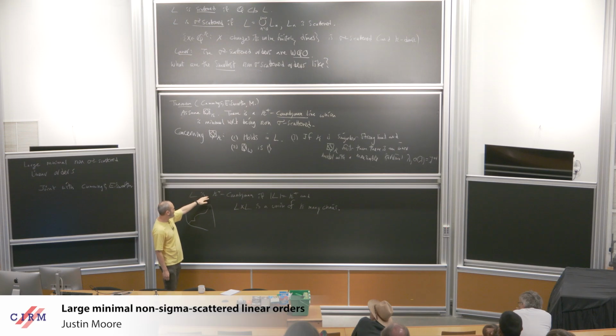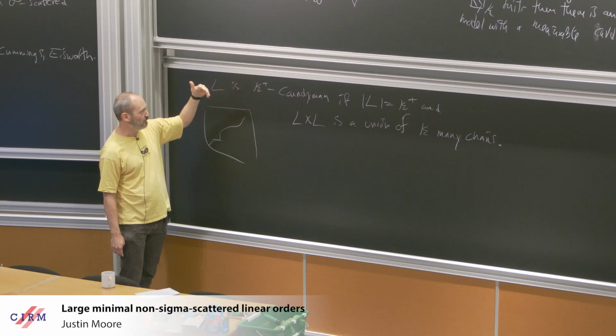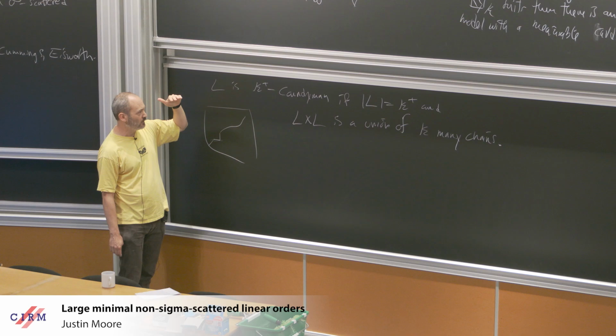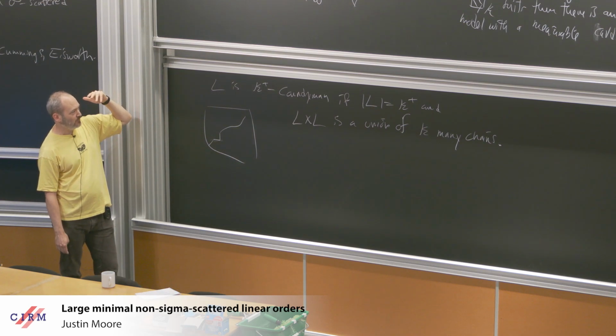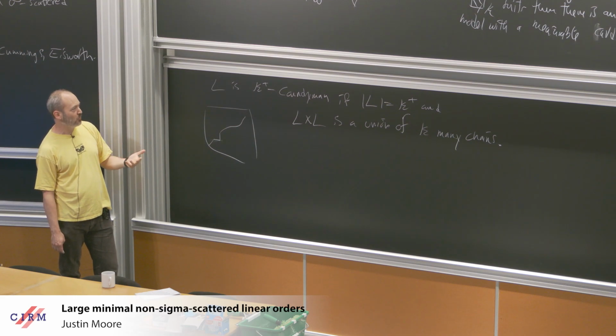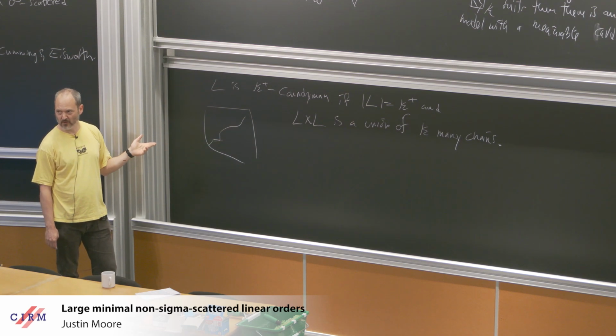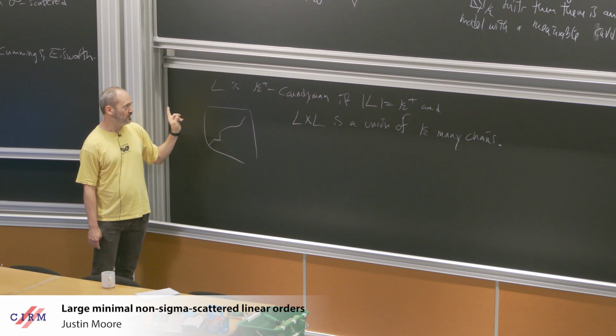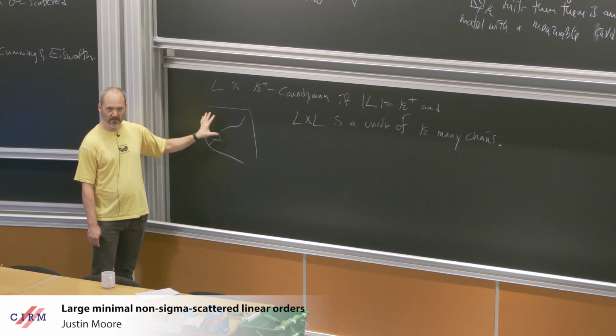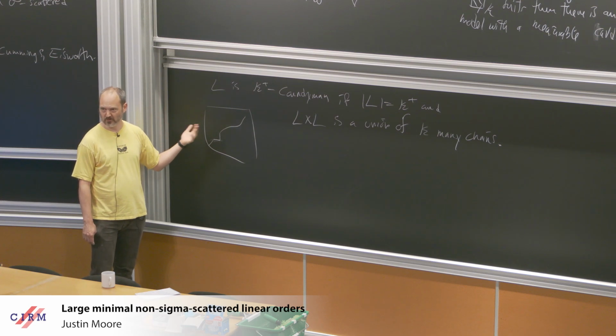In the case of Aleph 1, these play an important role in the sense that if you would like to have a small collection of uncountable linear orders such that every other one contains one of these, then Countryman lines have to be on the list, because an uncountable suborder of a Countryman line is again a Countryman line. And these are the reason why you need at least two Countryman lines on the list, because if you take a Countryman line and its reverse, they have no uncountable suborders in common.